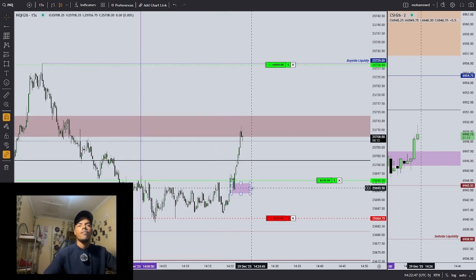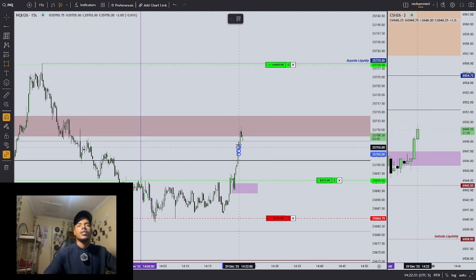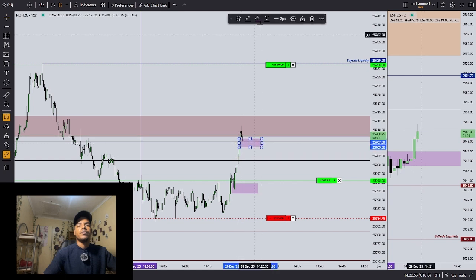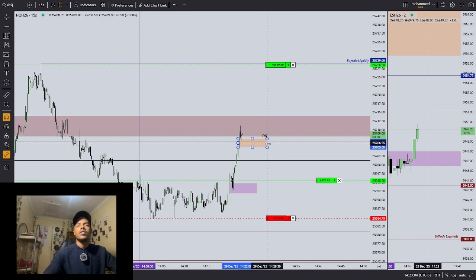It's the fair value gap. Mark that other fair value gap as well. That would be an indication for us. If that is being respected, the trade simply goes up then.